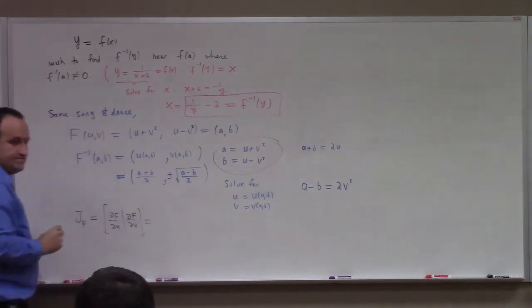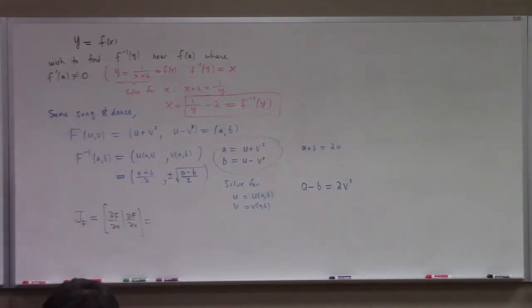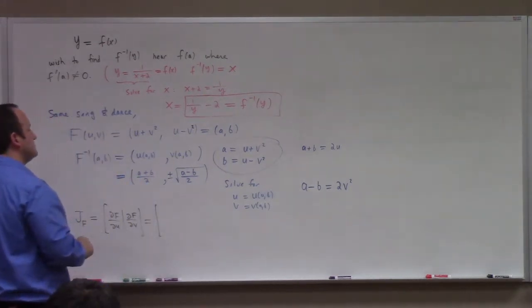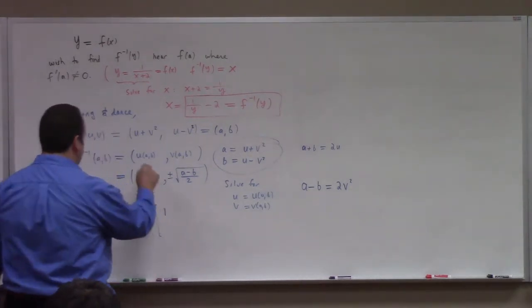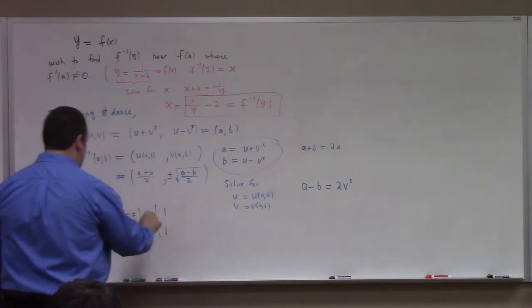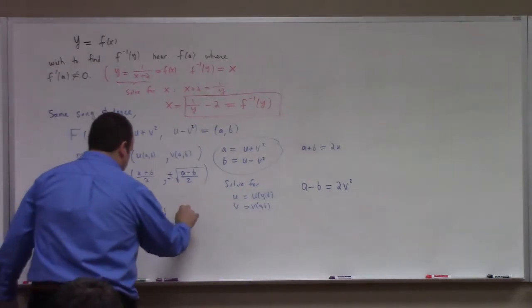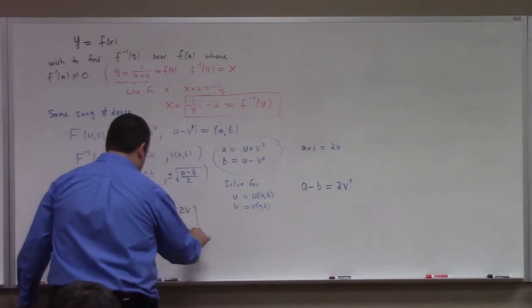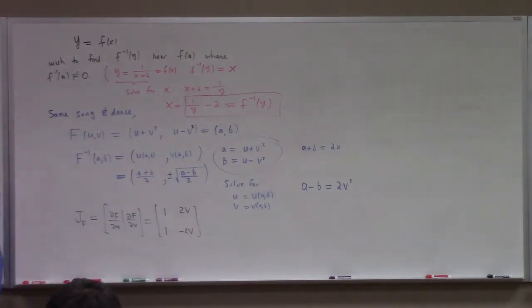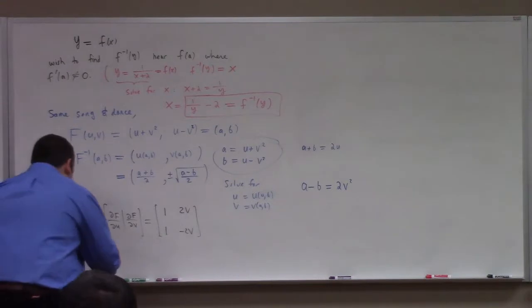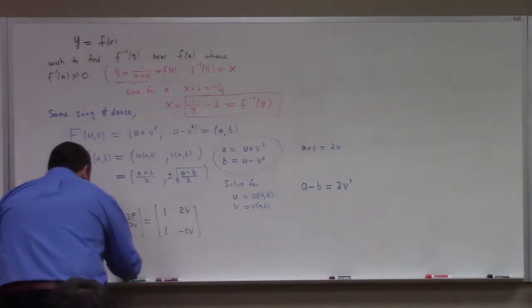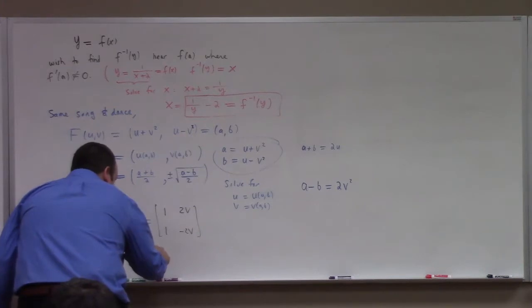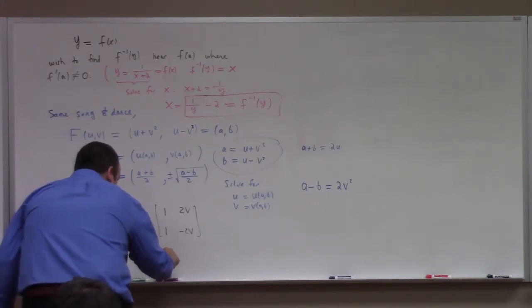That's 1, 1, 2v, minus 2v. So the determinant of the Jacobian of f is minus 4v.